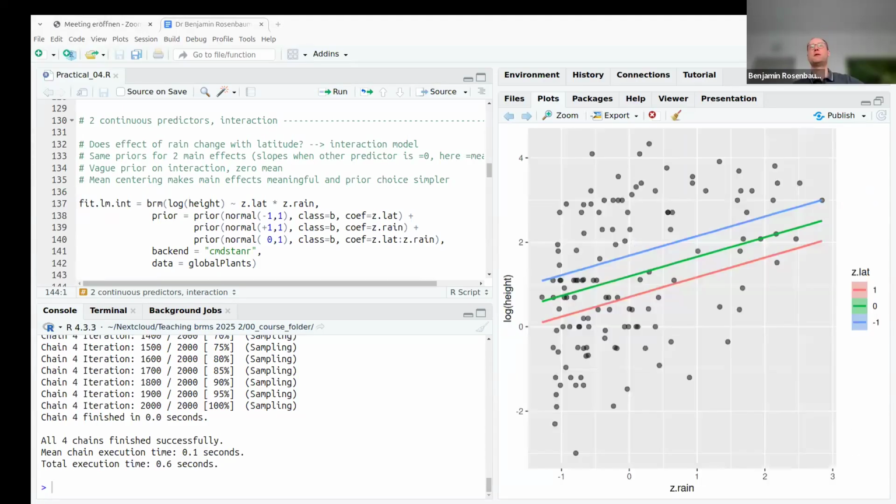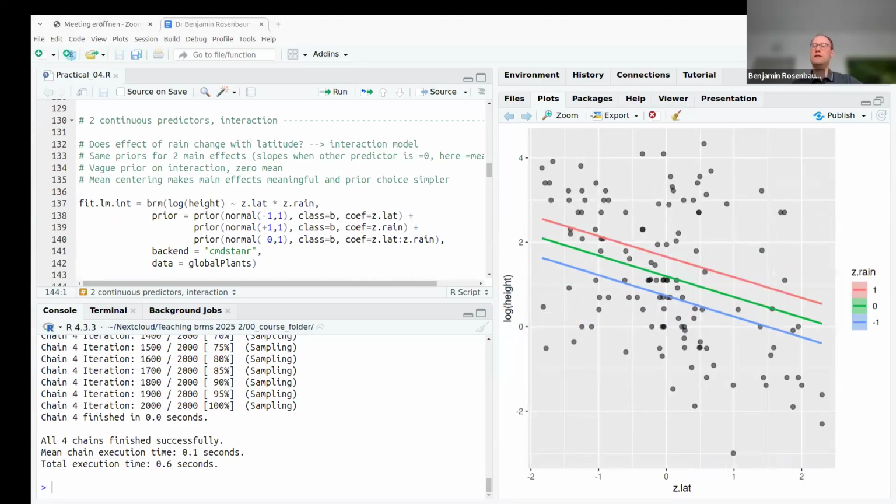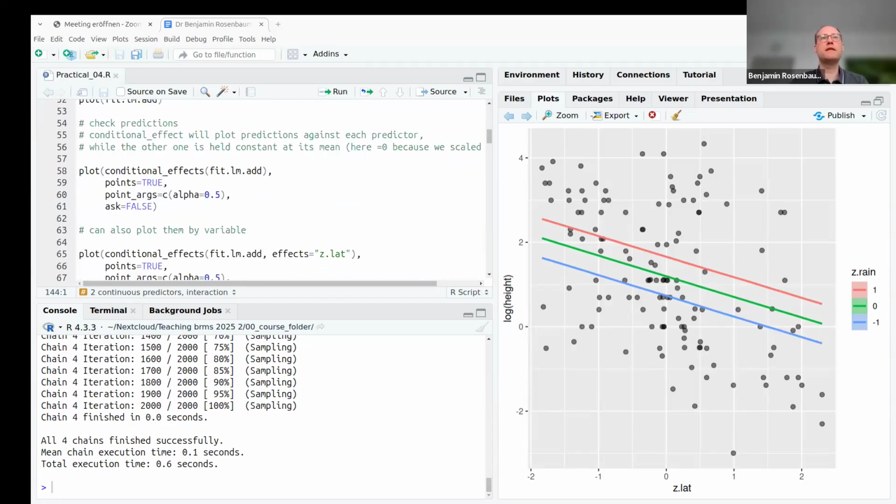So if you want to make a prediction for some specific degree of latitude, you would have to convert this specific degree of latitude again: you have to subtract the mean of the data and divide by the standard deviation of the data to make this prediction. However, there's an easier solution for that.